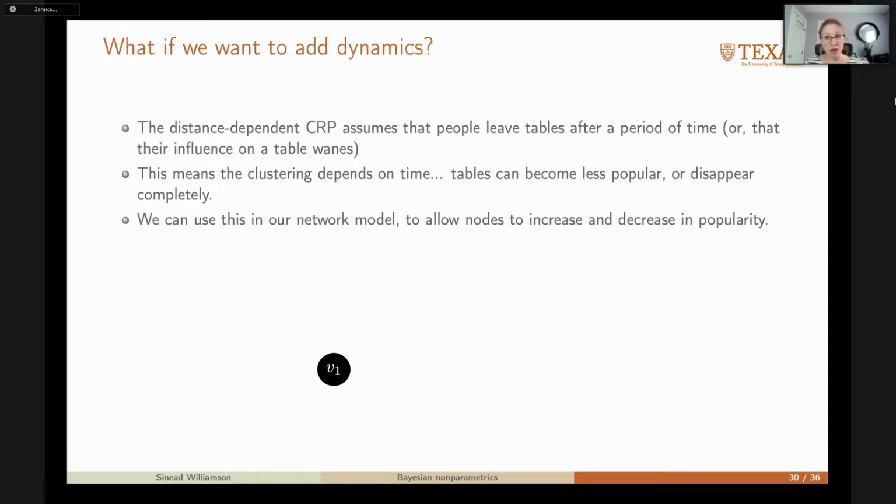So let's say we start as we did before. We have our sender, that's our first node. We're going to pick a recipient. So it's going to be itself with probability proportional to 1, or something new with probability proportional to alpha. So let's say we pick something new, and we add an edge. So this starts exactly the same as the previous graph.